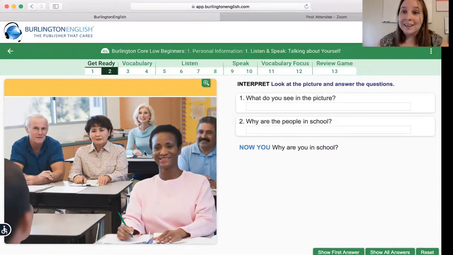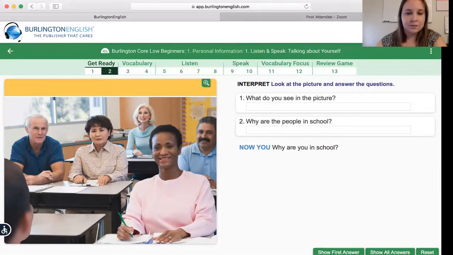They are in a classroom. What do you think they are learning? Okay, we're not sure, but maybe they are learning English. Who knows? Maybe they are learning something else. Good, but they have their pens and they are taking notes. They are writing in their books.